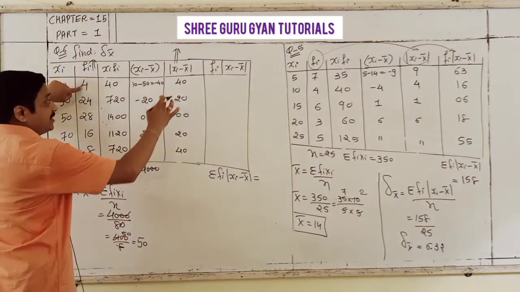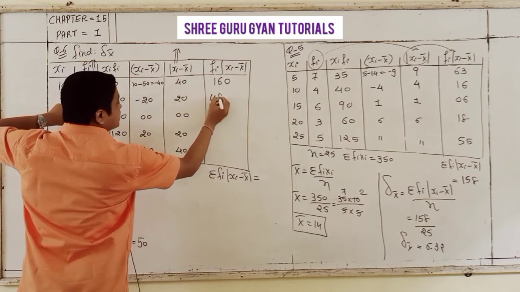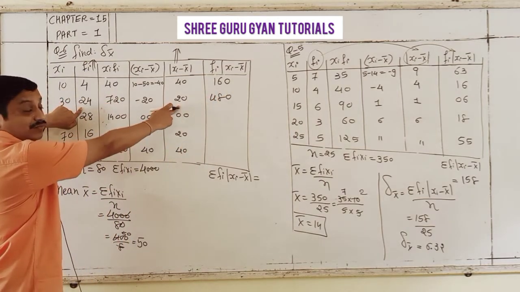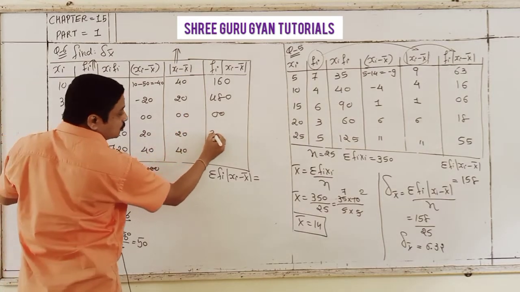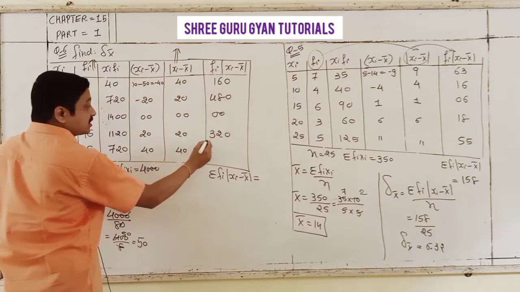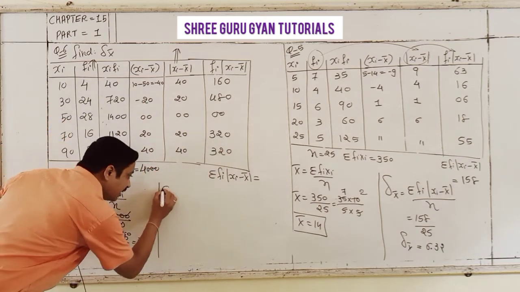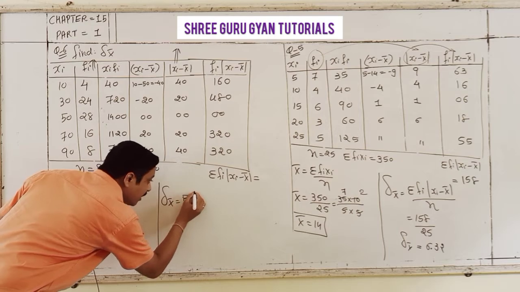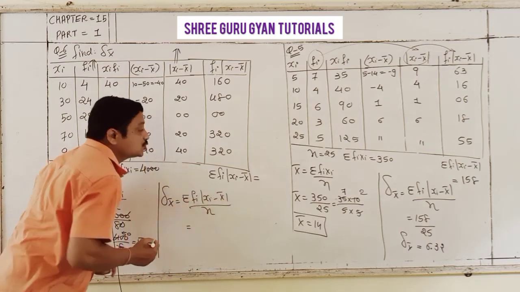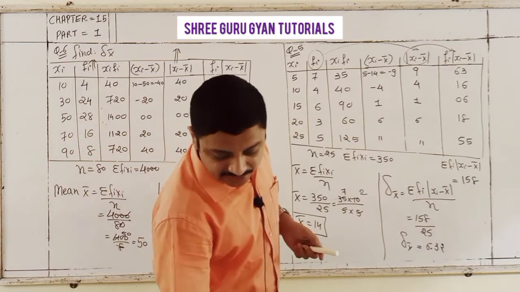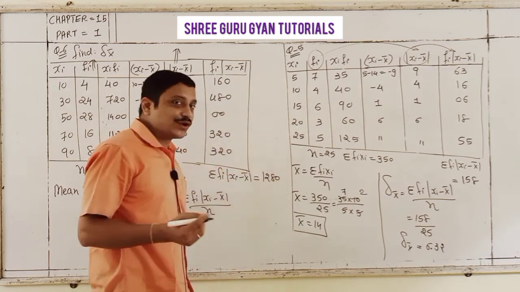So this product with that: 4 4s are 16, 160; 24 2s are 48; 28 0s are 0; 16 2s are 32, 320; and 8 4s are 32, it is also 320. Now here is your total addition, and now the mean deviation is sigma fi modulus of xi minus x bar upon n. If you use the calculator, you will easily get 1280. I directly write it down using the calculator.